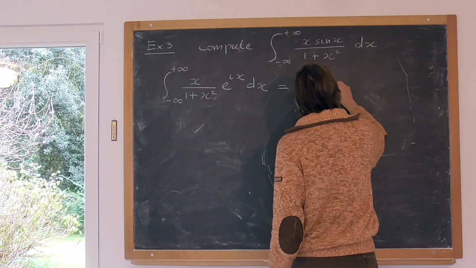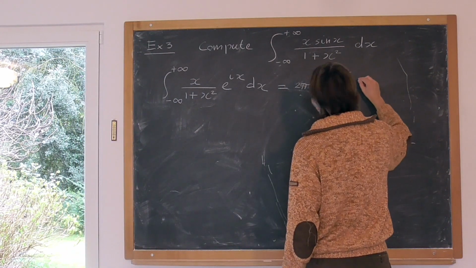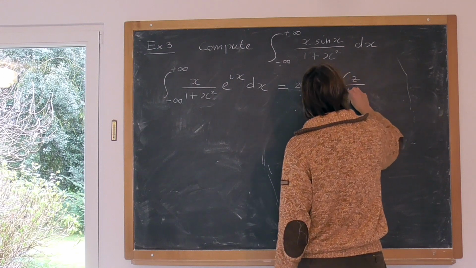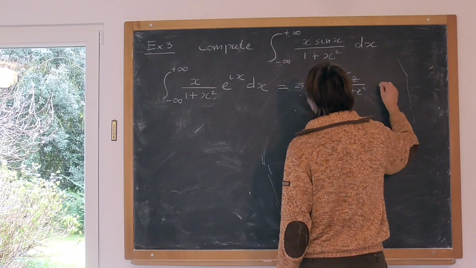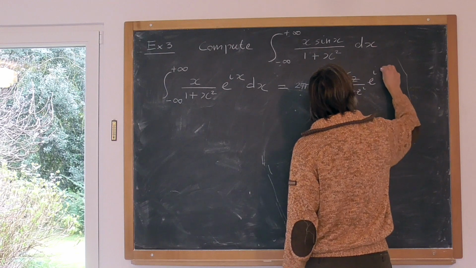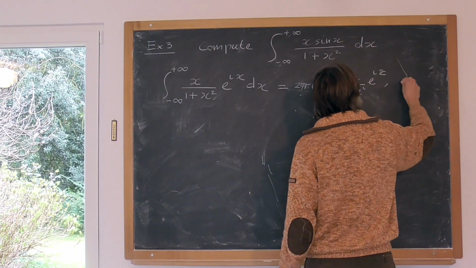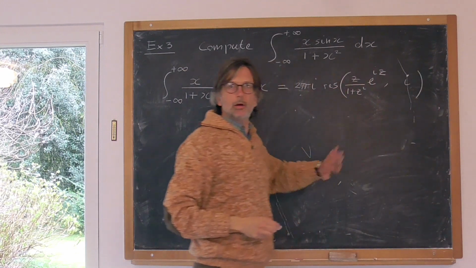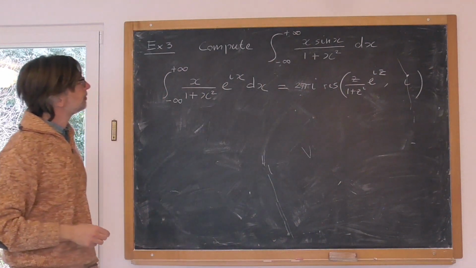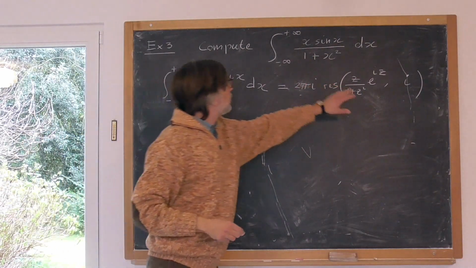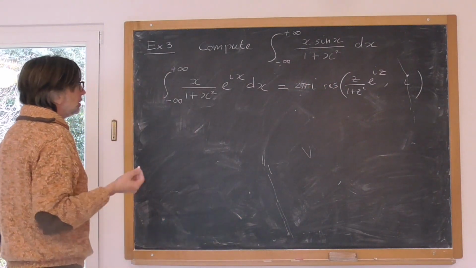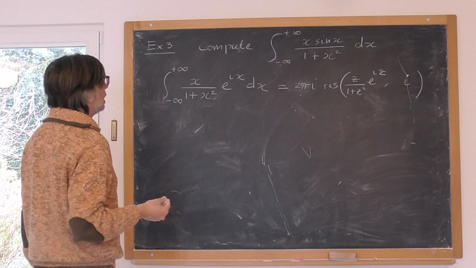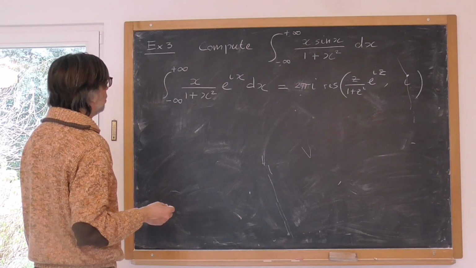So here we get the residue of the function z over 1 plus z squared times e to the i z at i, because we're interested only in the poles which are in the upper half. So we have to compute this residue, and this is easily done as this is a simple pole.